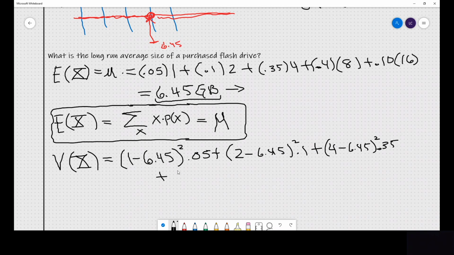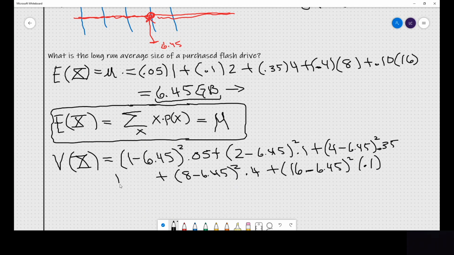plus, what is it, 8 minus 6.45 squared times 40% of the time, and then finally 16 minus 6.45 squared times 0.1.